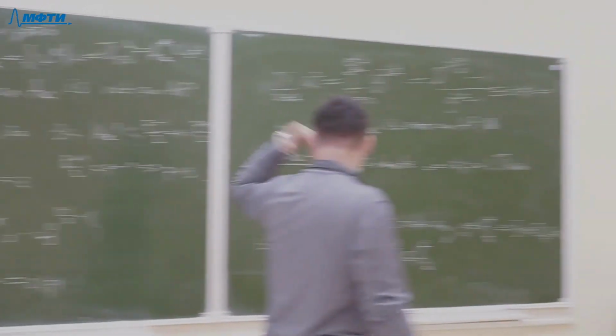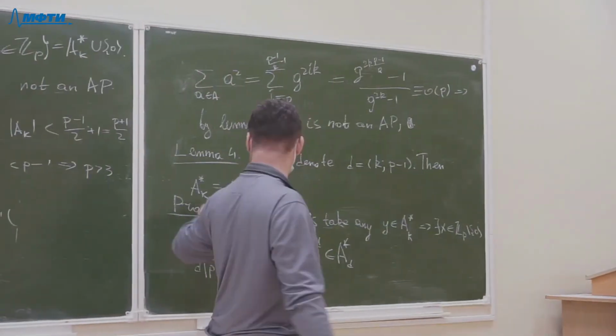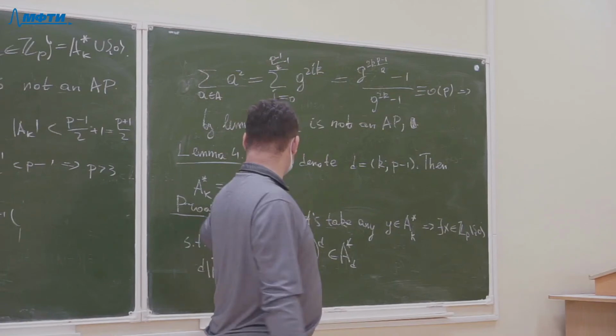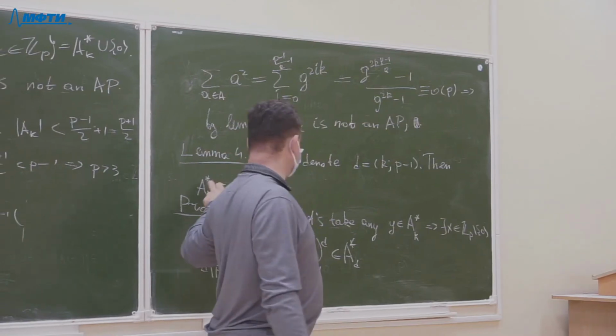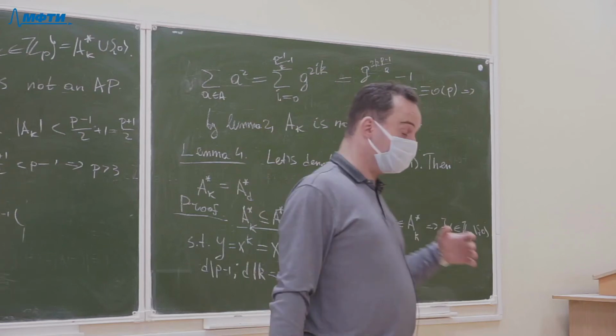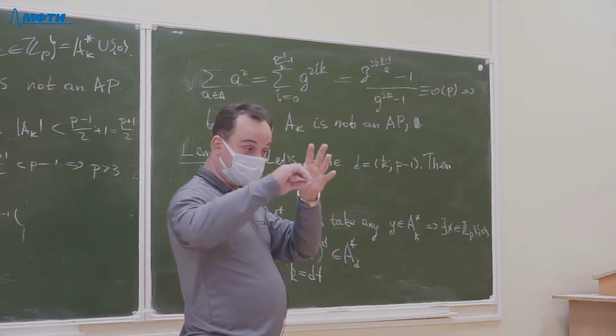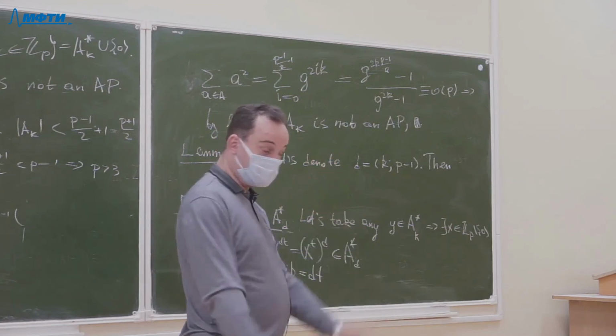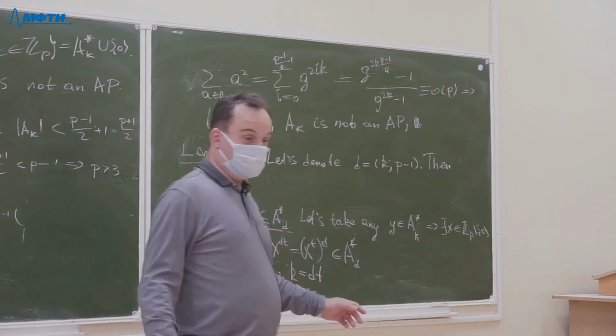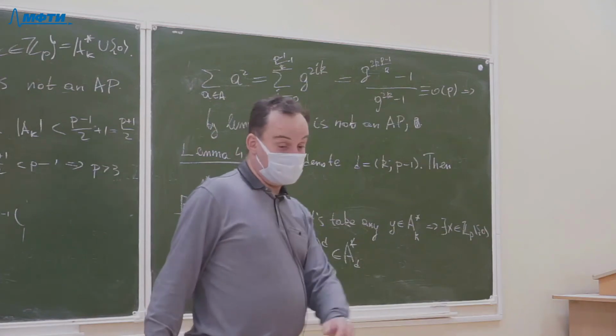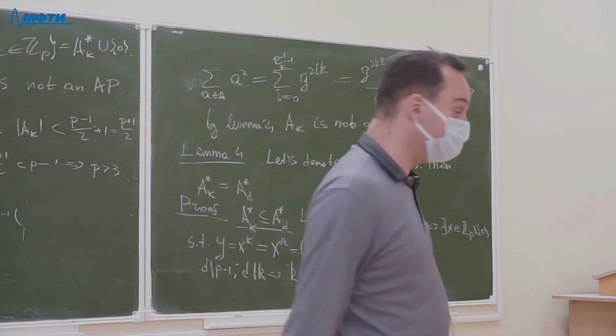I just took the star set. Well, we can prove the same for the non-star set, because a_k differs from a_k star by adding 0 inside, right? So if we have the same set here, a_k and a_d are also the same set.